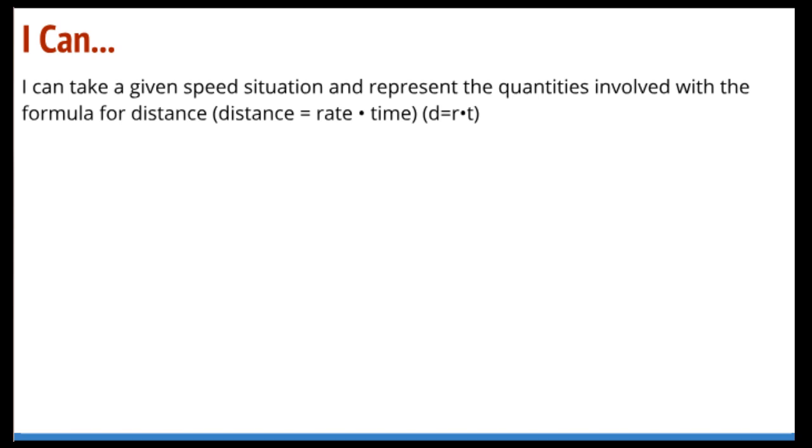So hopefully, now that we have reached the end of the lesson, you are feeling pretty comfortable that you can be given a speed situation and represent the quantities involved with the formula for distance. If you can use this right here, distance equals rate times the time, to find distance and to find rate. We have not focused very much on finding the time.